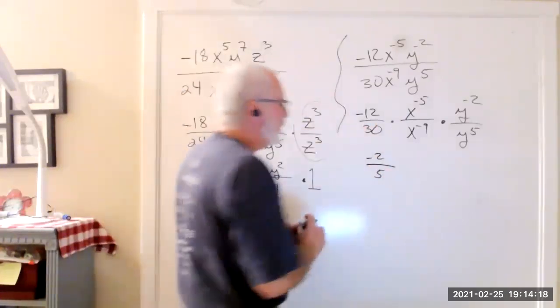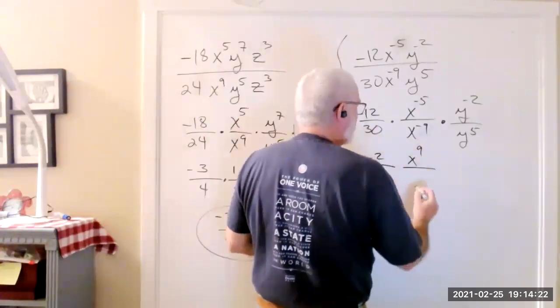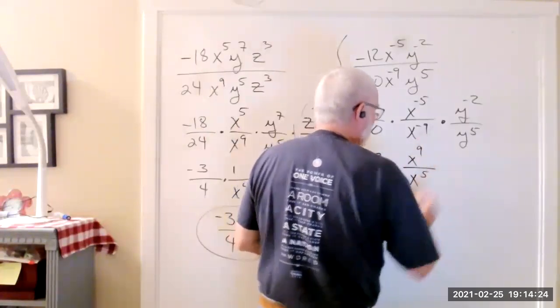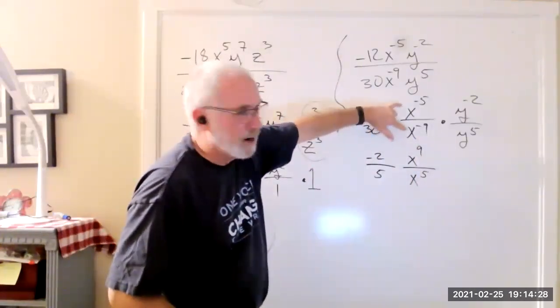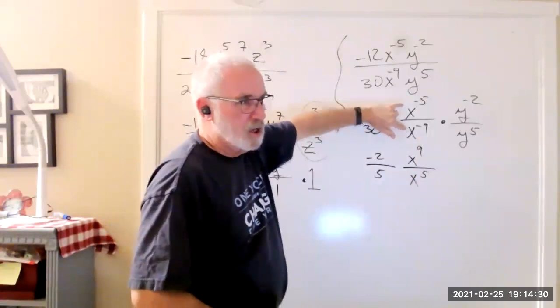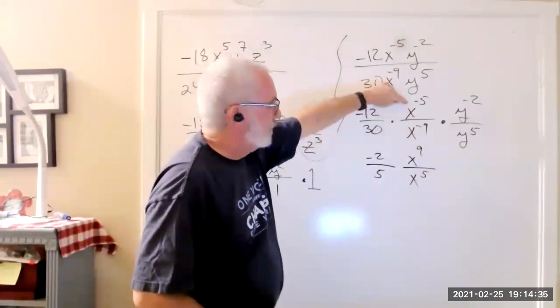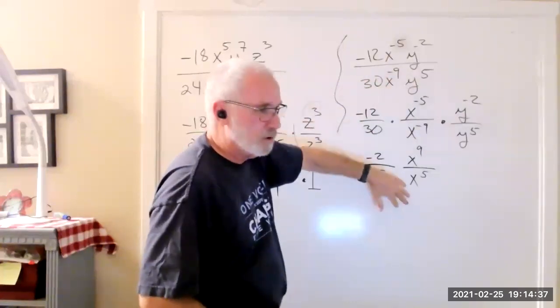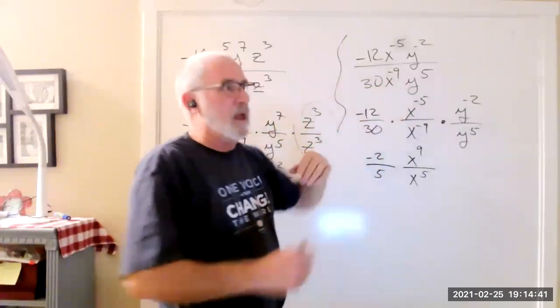Now, in this problem, it would become x to the 9 on top, x to the 5 on bottom. They're both negative exponents, so they both flip. The -5 can only flip down, and the -9 can only flip up.